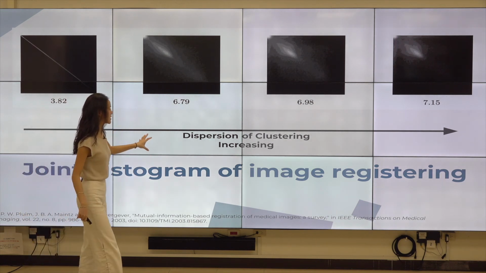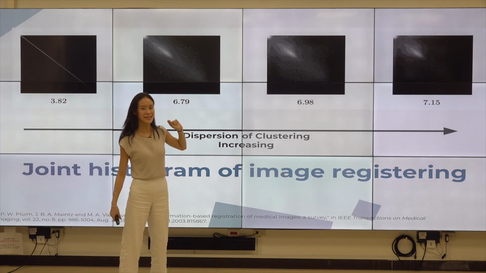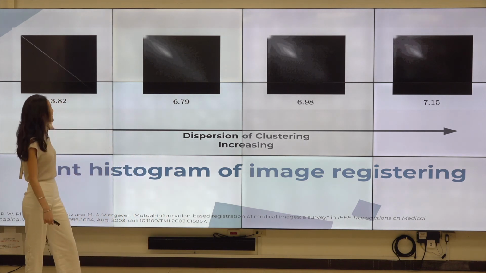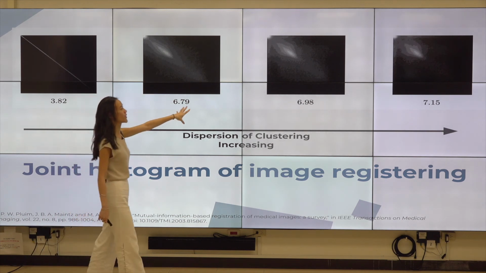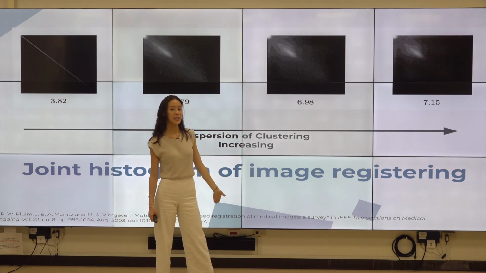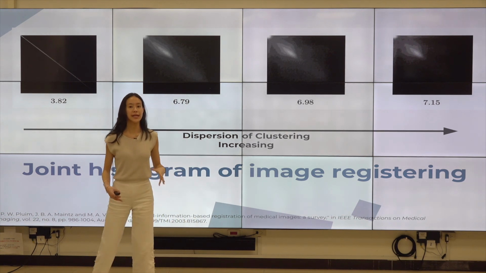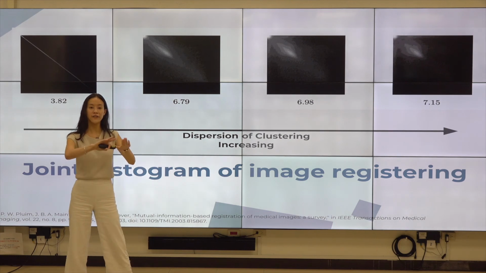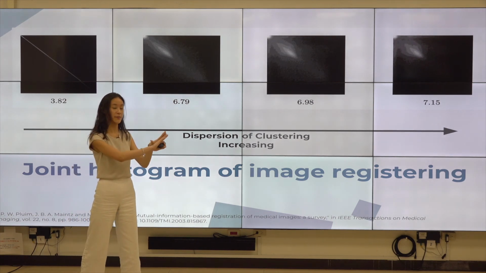And you can see here the dispersion of clustering increasing. What we see is more and more clusters, or more and more gray areas outside of that line, which ultimately represents the two images being further and further apart. There are more differences between these two images that are on top of each other.